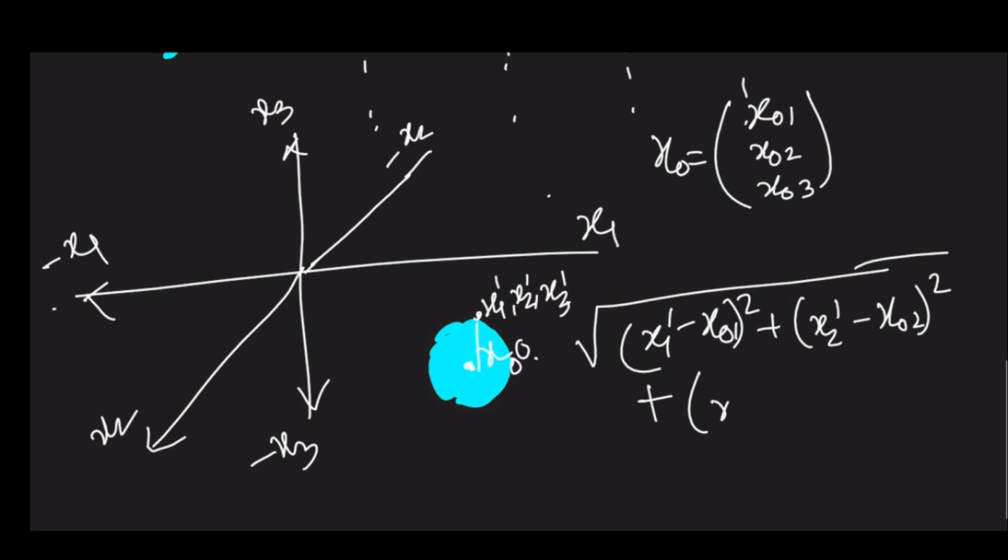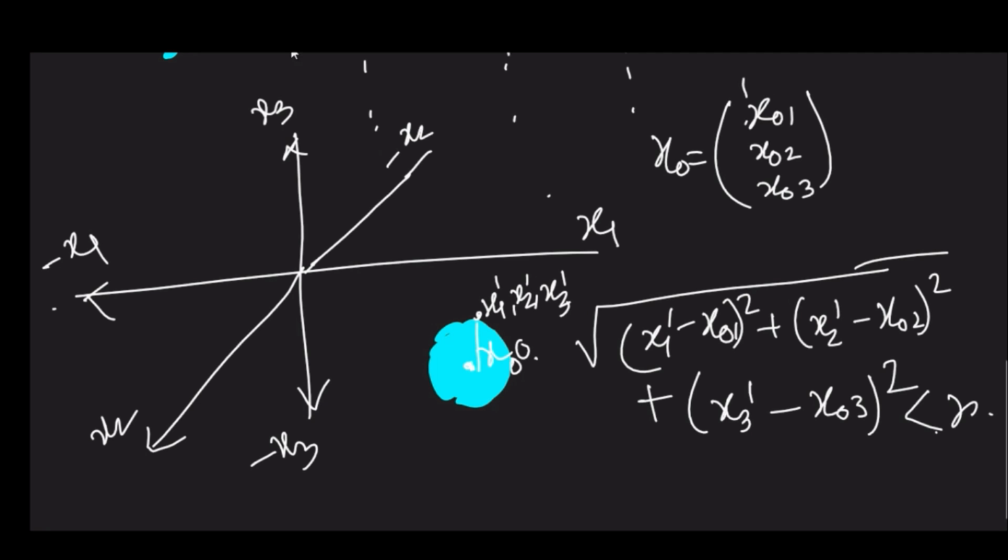These x1 dash, x2 dash, x3 dash are variables moving around. Like you have placed a football with center at x0, and this defines the outer surface, then this will be equal to r, and if you move inside the football it will become less than r, right?